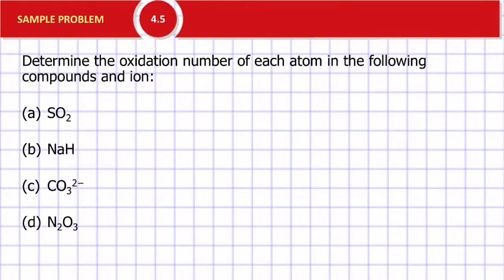Okay, here's a question from your book. Determine the oxidation number of each atom in the following compounds and ion. There's 3 compounds and 1 ion. Well, same thing we were doing just now. So SO2. I accidentally did that one in the previous example. So let's change it up.